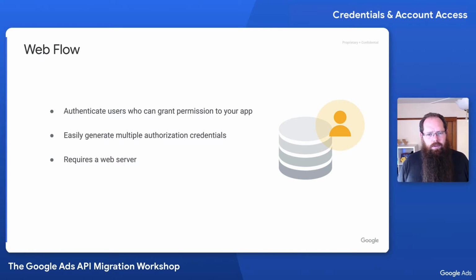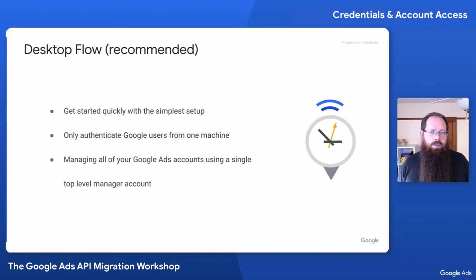The desktop flow, which is the flow that we recommend you use with the Google Ads API, is a little simpler to set up and get running. We also provide example scripts in all the client libraries that make it essentially a run of a command to go through this flow.